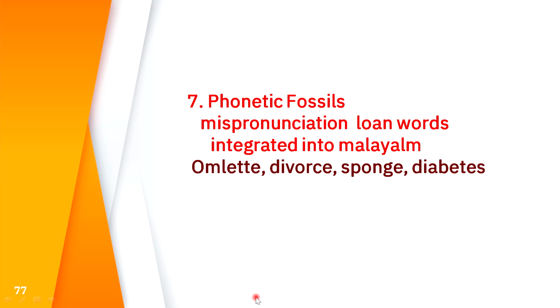For example, the word omelette is pronounced as amplate by many Malayalis. Then the word divorce, the word sponge, and the word diabetes are also mispronounced.